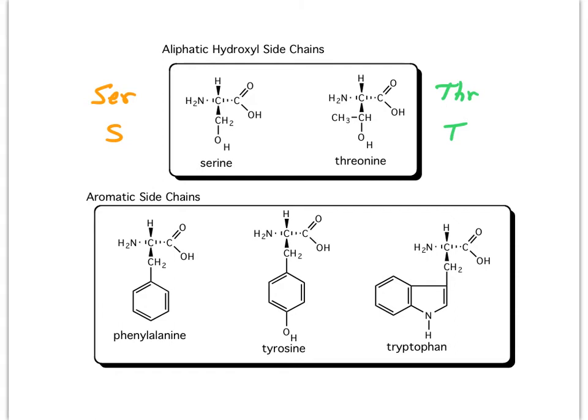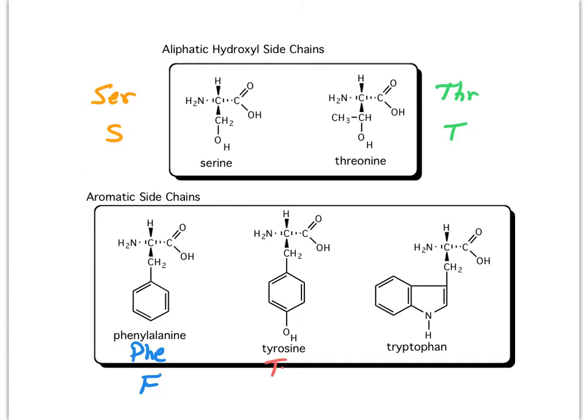Phenylalanine, we can use Phe, but P has already been taken, so we use the sound. Since that PH makes an F sound, phenylalanine's 1-letter code is F.